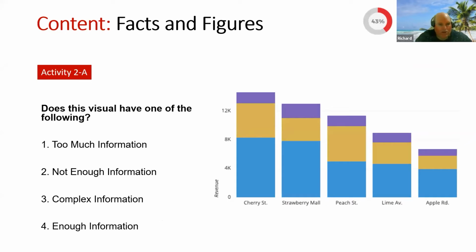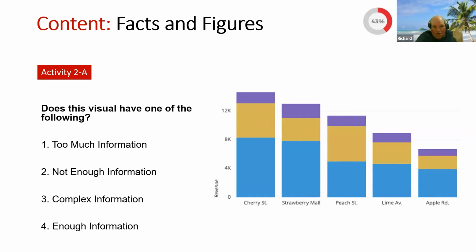So let's have a quick look at this graph. It is a bar chart of some kind. Now, does this visual have one of the following? Number one is too much information, number two is not enough information, number three is complex information, or number four is enough information.